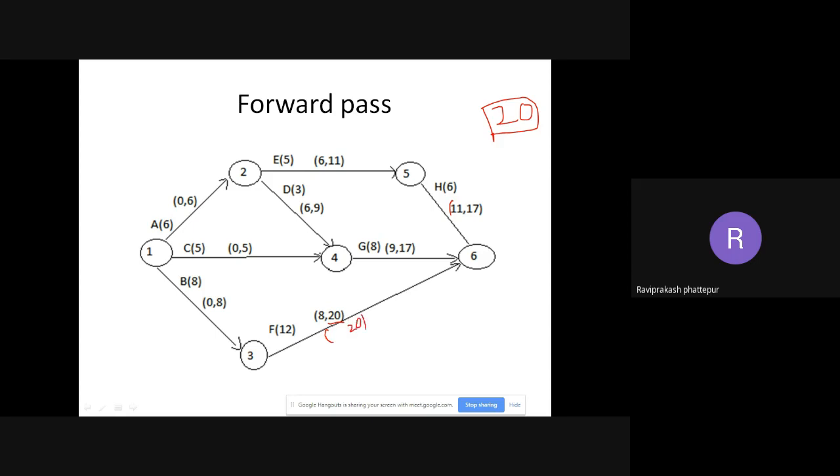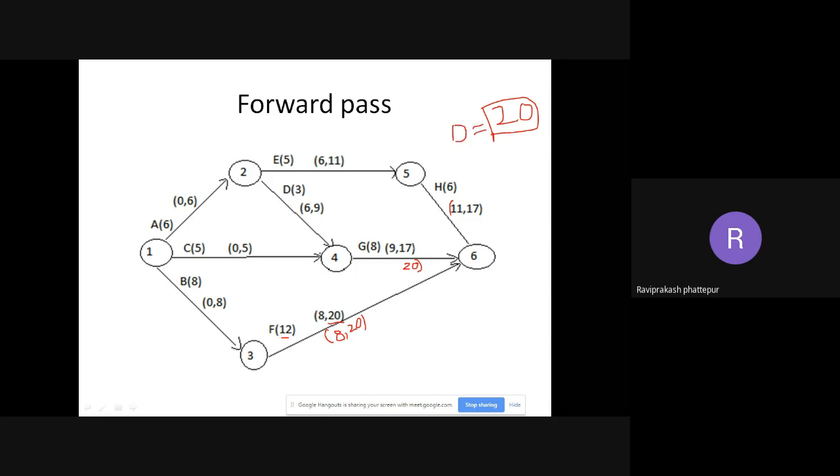Okay, so when will it start? 20 minus 12, that is 8. Again coming to G, when will it end? It will end at 20. I told you, 20 only we should take for all the values, not 17. That is why we have mentioned duration is equal to 20 here.